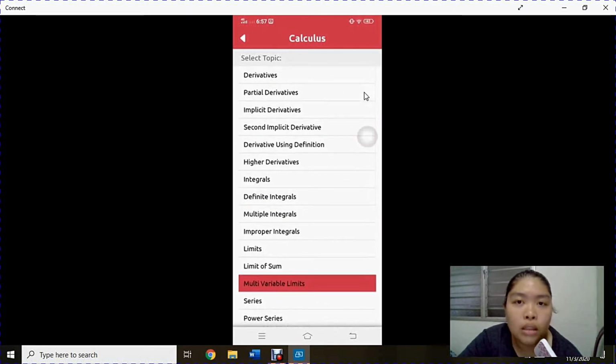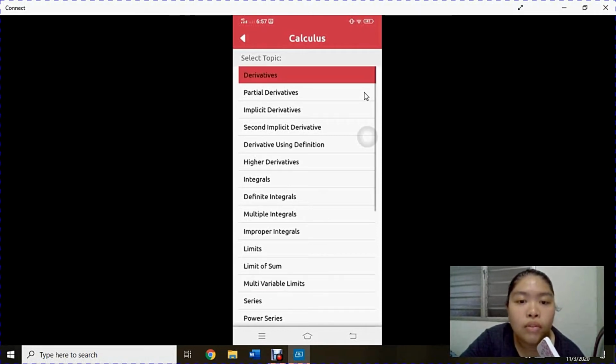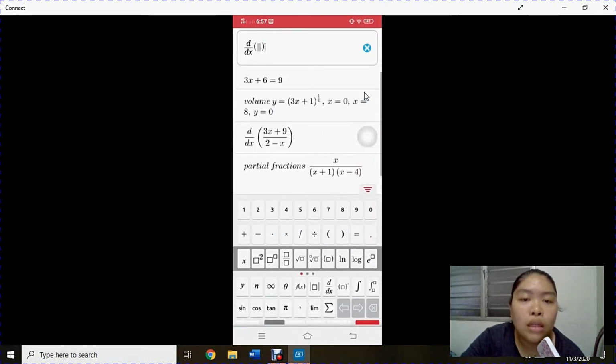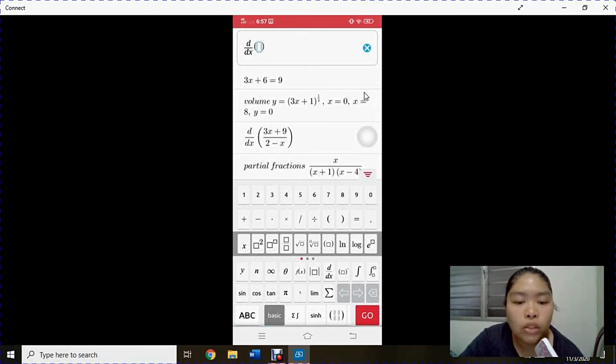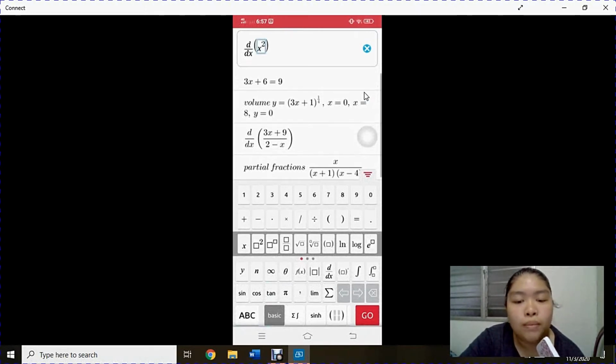For example, if I wanted to differentiate an equation, I will just choose derivative, and then I will type in my equation. For example, if I have x squared plus 16x minus 4.